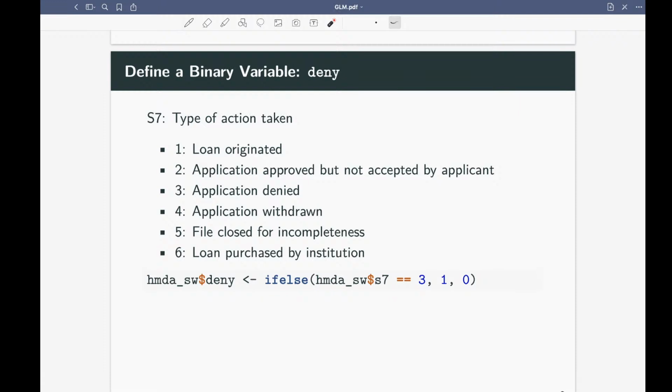We define deny equal to 1 if S7 equal to 3, and deny equal to 0 if S7 is not equal to 3, or otherwise. You can use otherwise. So we use this definition for the deny variable.